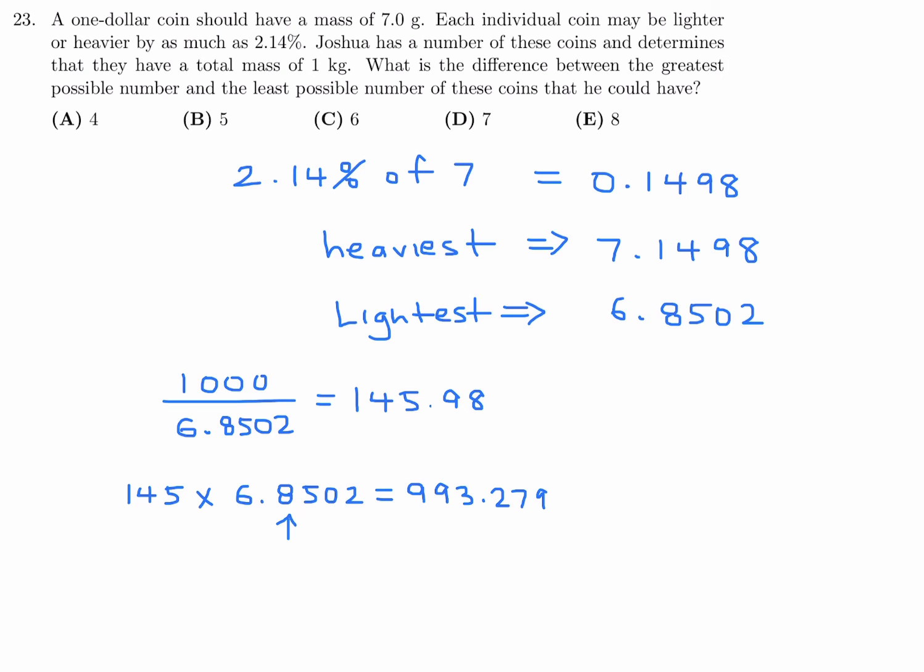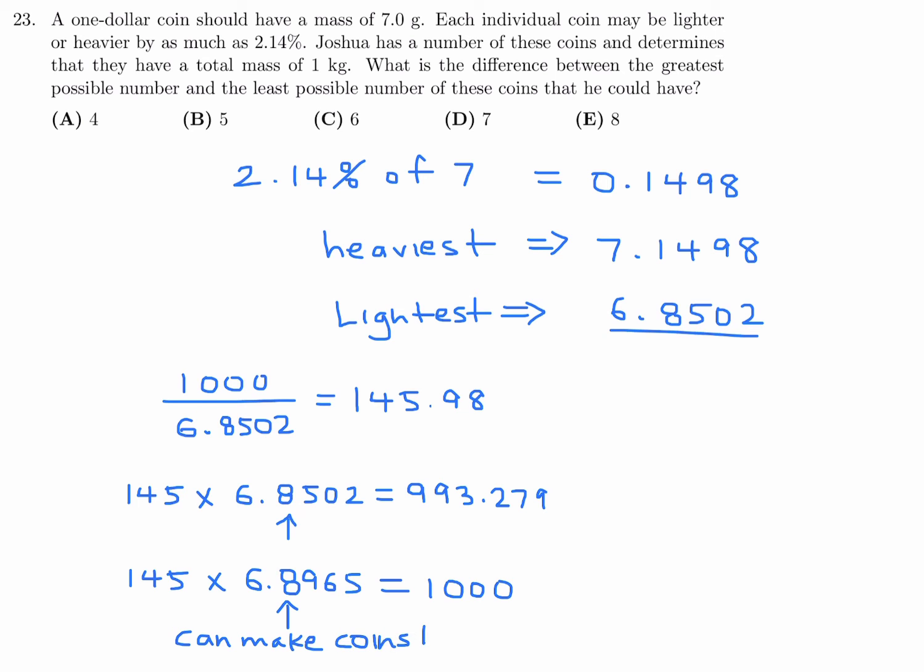So to make it exactly 1,000, I can take 145 coins and divide 1,000 by 145. And if I do, I get 6.8965. And this is perfectly allowable because I can make each coin a little bit heavier than the lightest. So I'll just put that in, can make coins heavier.